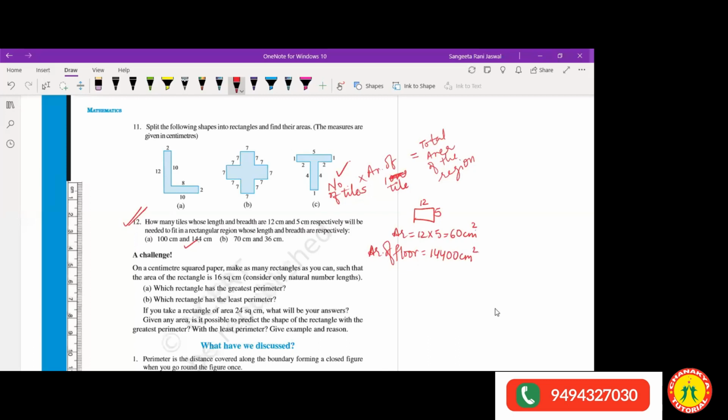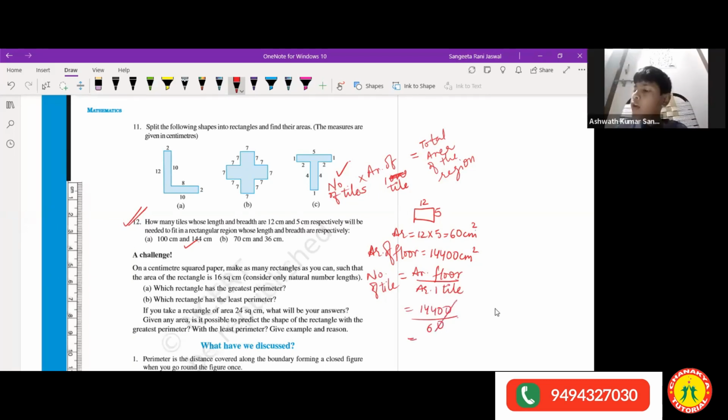Now how many tiles are required? The number of tiles will be area of the floor upon area of one tile. The floor area is 14,400 and the area of one tile is 60. You can just try cutting it.